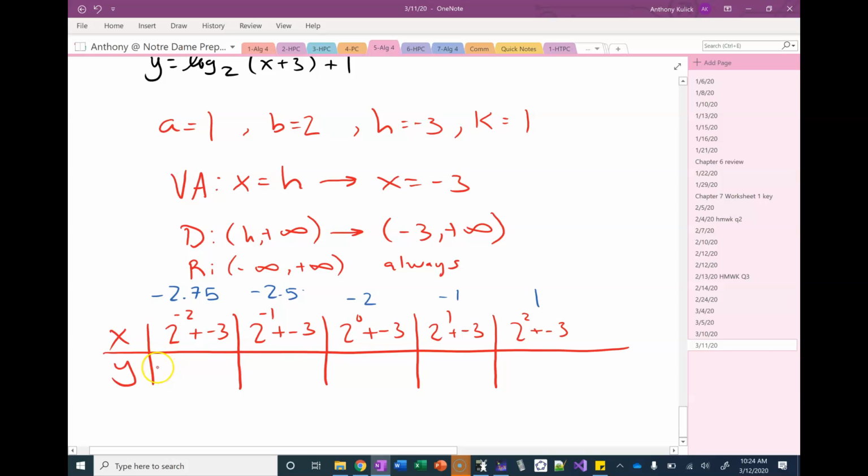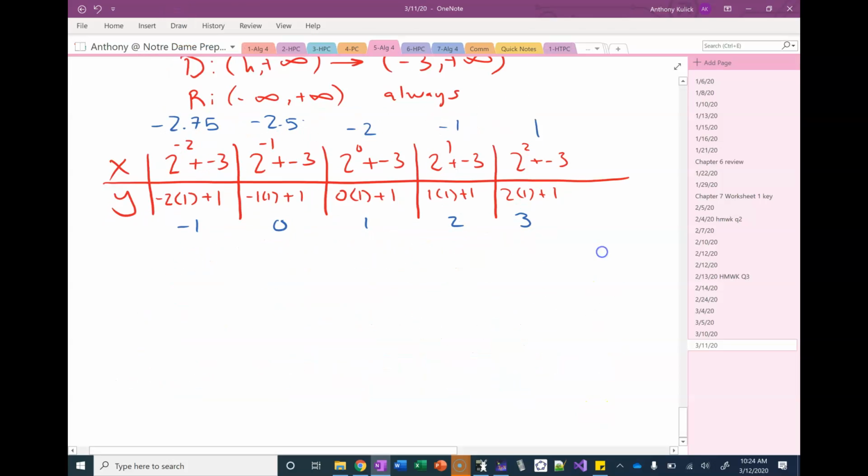And then for the y coordinates, I'll do -2 times a plus k, -1 times a plus k, 0 times a plus k, 1 times a plus k, and 2 times a plus k. If I go and I evaluate those, I get -1, 0, 1, 2, 3.